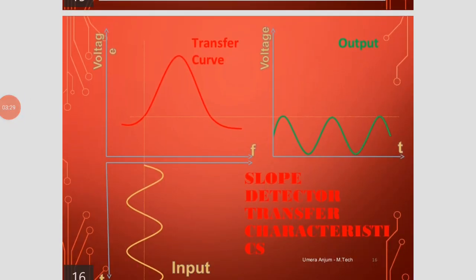The slope detector transfer characteristics are shown in the slide: the transfer curve of frequency versus voltage, the transfer curve of time versus voltage output, and the input waveform.